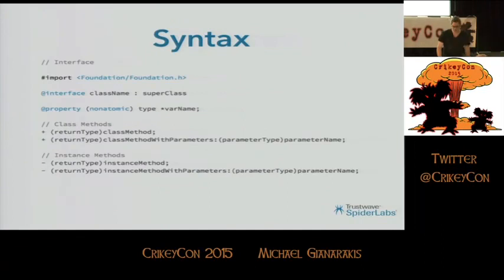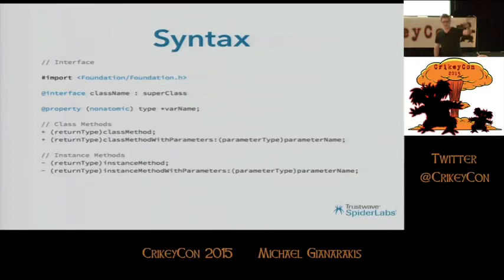So there's interface and implementation files, much like C. They don't need to be in separate files, but the common approach is to put them in separate files. I'll just run through this very quickly because I'll do some more practical stuff later on. But you've got interface, class, superclass, class methods.